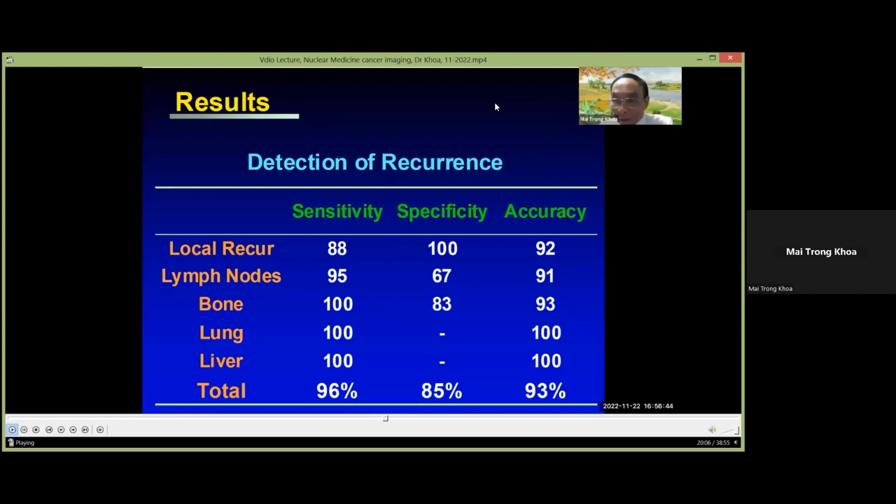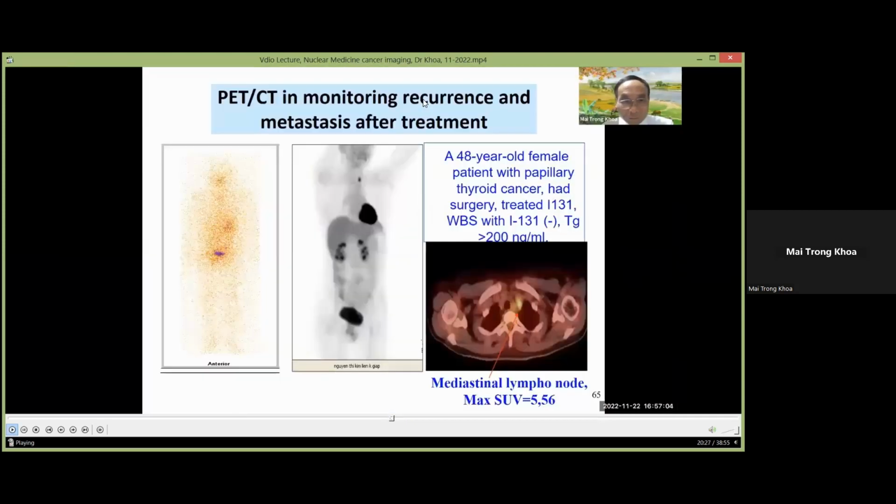And PET-CT can detect recurrence and metastasis with high sensitivity and specificity for many different types of cancer. PET-CT is very valuable in monitoring recurrence and metastasis after treatment.